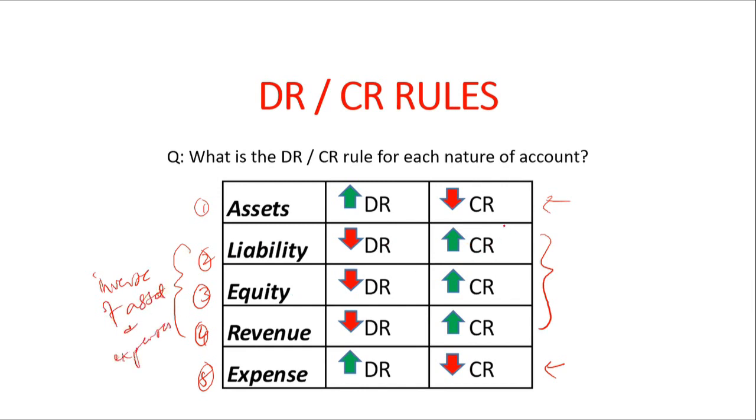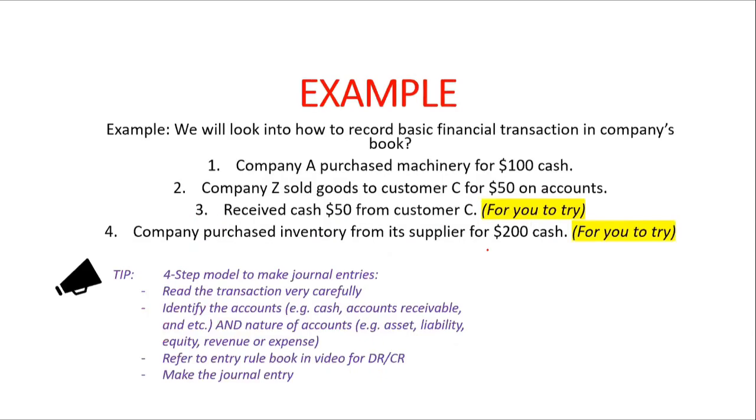So I think this table is very self-explanatory. Whenever an asset increases, you debit. Whenever it decreases, you credit, and whenever a liability decreases, you debit, and whenever a liability increases, you credit. So you can take your time and look at the table by yourself. Very self-explanatory, I would say, and I would move on towards solving questions, and you would see the application of this table.